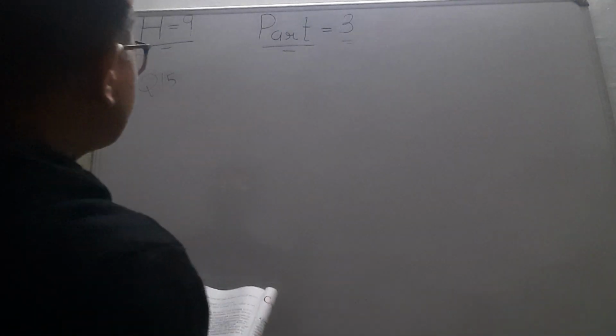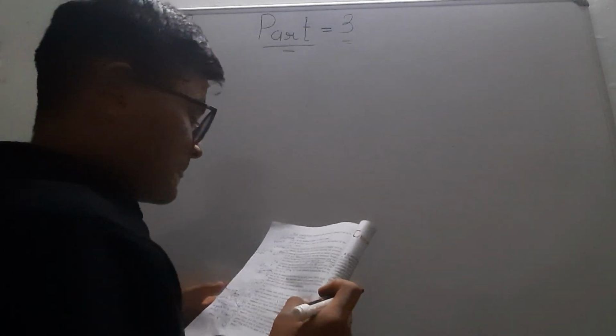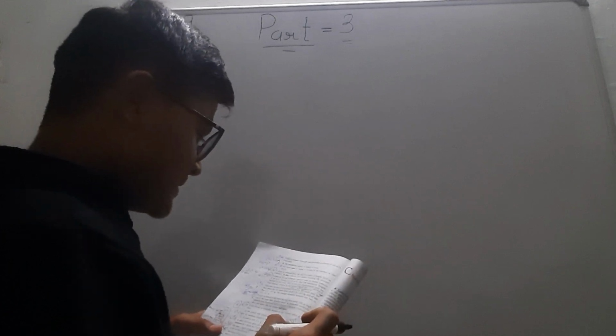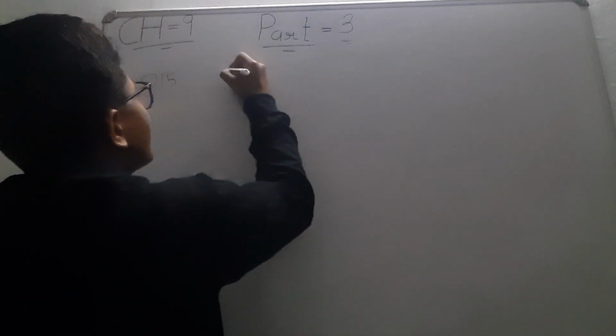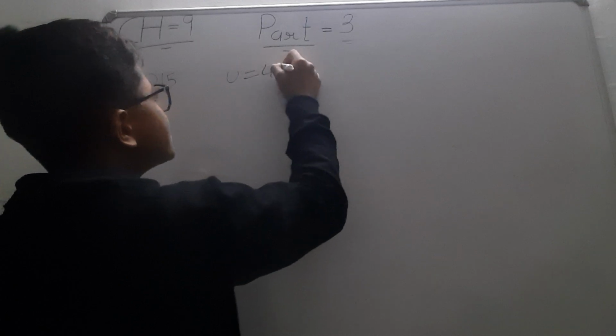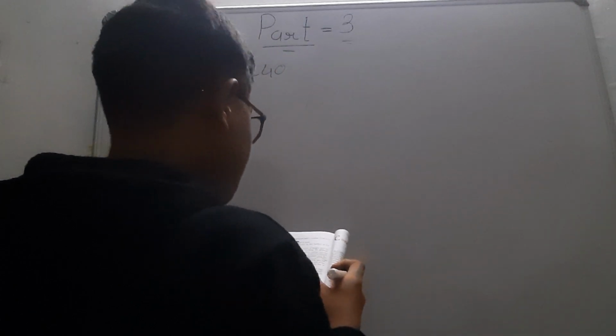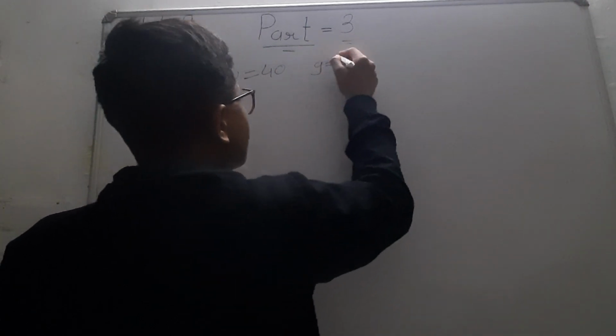Okay, I'm going to find my pen. Okay, they have told 40 as the initial velocity, taking g equal to 10.